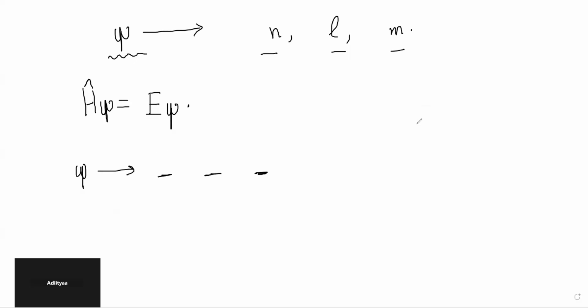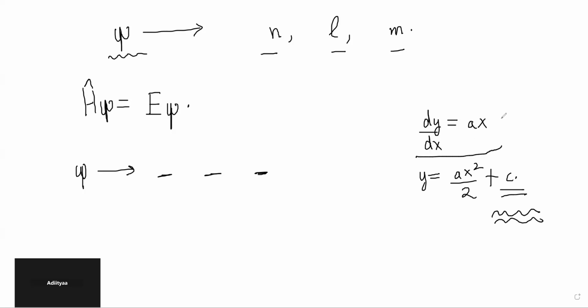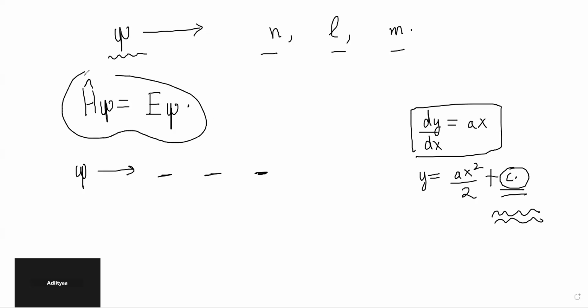For example, when I solved a simple differential equation, that solution also had a constant attached to it, C. This C has come out, we didn't put it there, right? The C has come out as a result of solving that integration, no? When people solve the differential equation here, when you get the final answer, there will be three constants in it, okay?